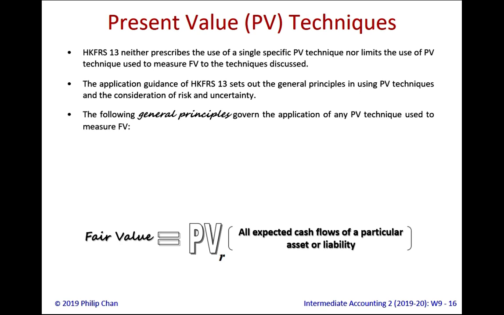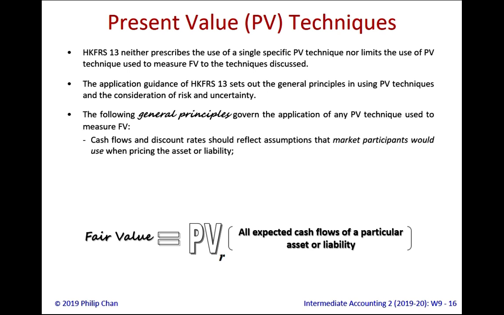The following general principles would be applied. Number 1, cash flows and discount rate should reflect assumptions that market participants would use when pricing the assets or liabilities. This is important.